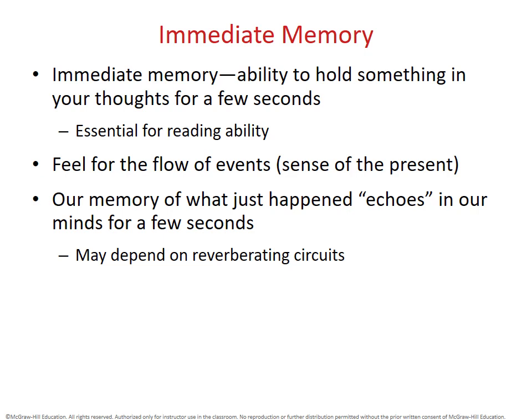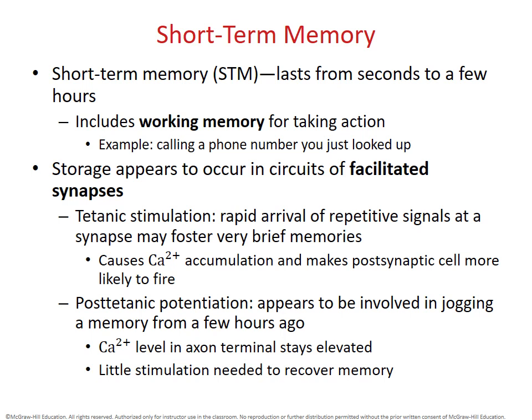And these very quick immediate memories are probably based on reverberating circuits that reinforce themselves for just a few seconds in the mind. Of course, to be a functional human being, we have to have more than just immediate memory. We have to be able to recall things for more than just a few seconds. So the next level is short-term memory, which lasts from a few seconds to a few hours.